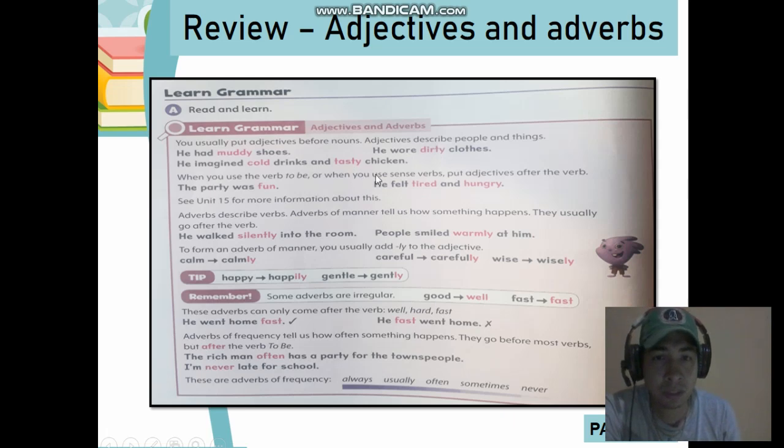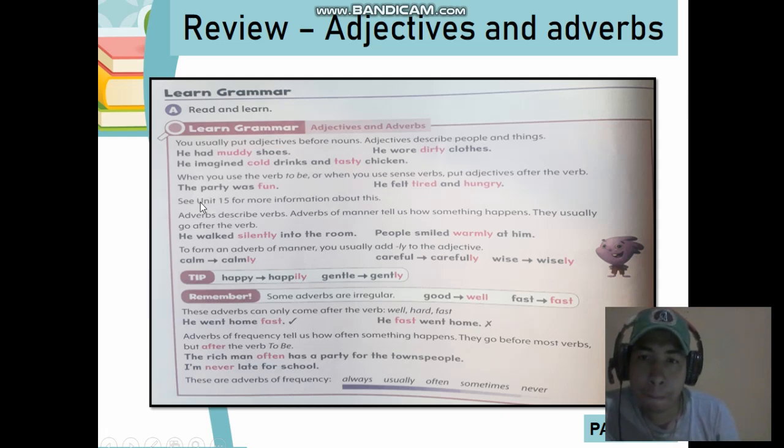So these words, muddy, dirty, cold, and tasty, are called adjectives. They are used to give you a description, an additional characteristic of a thing. Just like I mentioned, the red mouse or the green cat. It gives me a characteristic.